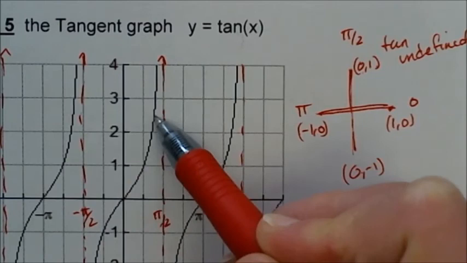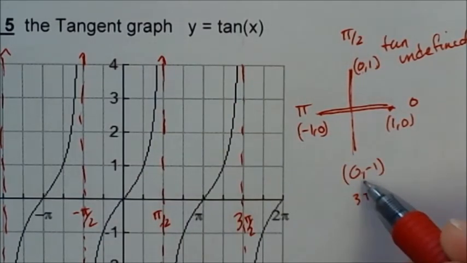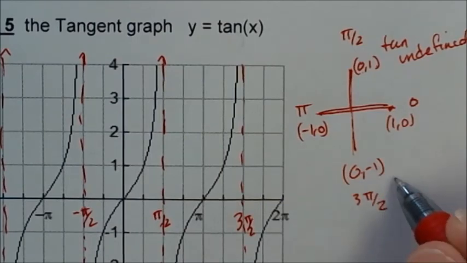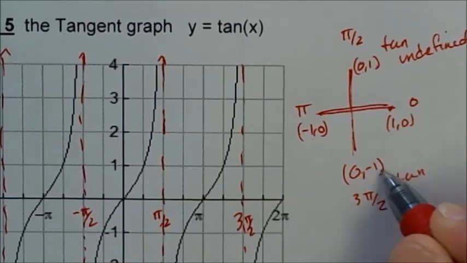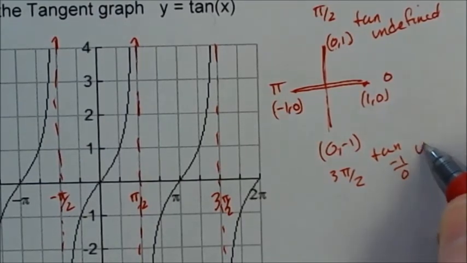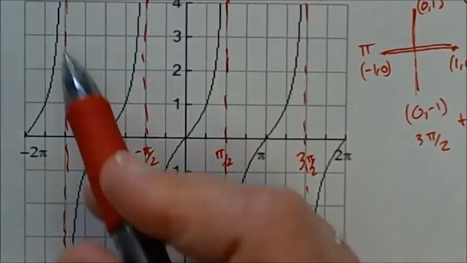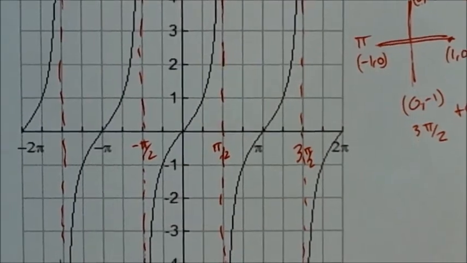This graph approaches this line but never reaches it. And then also at 3 pi over 2, tangent is undefined. Negative 1 over 0 is undefined. So the same at 3 pi over 2, and then also at negative pi over 2 and negative 3 pi over 2.